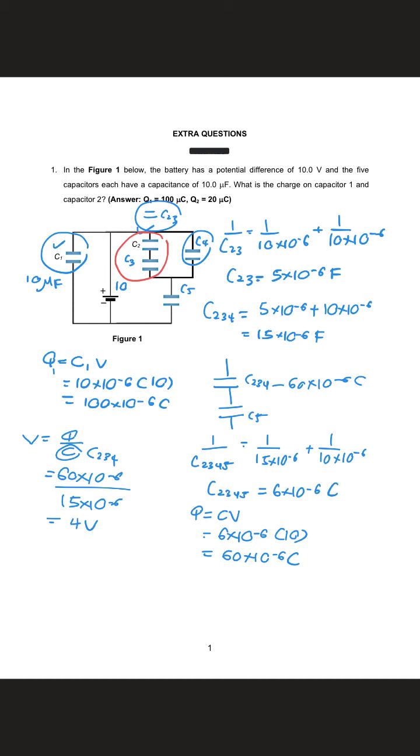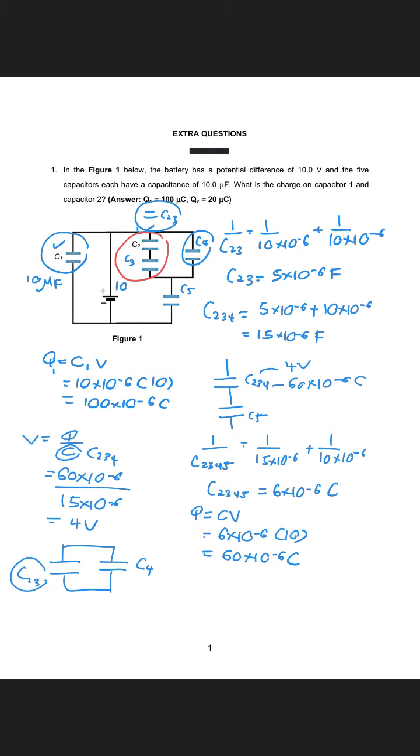Once you know the voltage is 4 volts, you open the combination of C234, and you get this shape: this one arranged in parallel with this one. This is C23 and this one is C4. When it comes to parallel, the voltage is the same, so C23 is also 4 volts and C4 is also 4 volts.